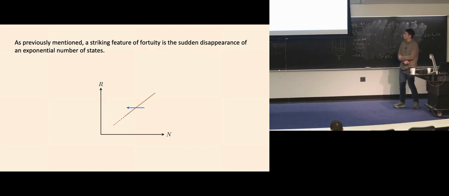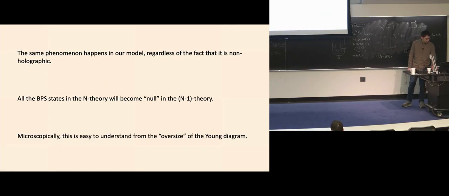As previously mentioned, an interesting feature that I really want to understand here is this sudden disappearance of an exponential number of states. If you are right on top of this red line, you have an exponentially large number of states, but if you just move a little bit, all of them disappear. Even though in this model the states don't quite concentrate in the same way as SYK, the same phenomenon does happen, regardless that it does not quite concentrate and it's non-holographic.